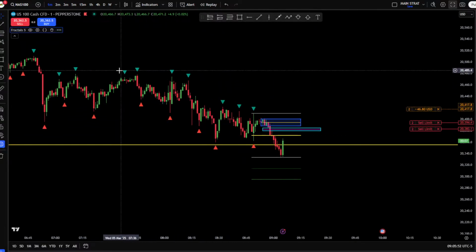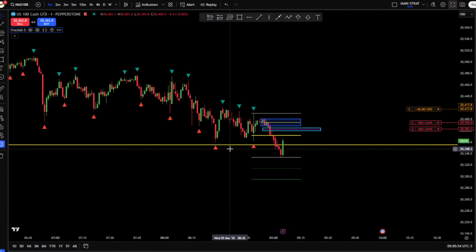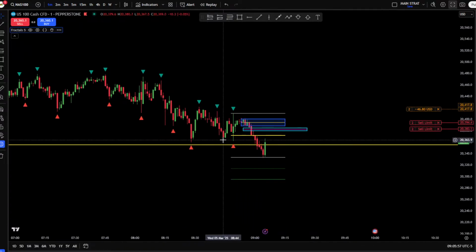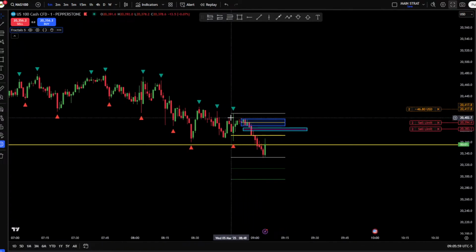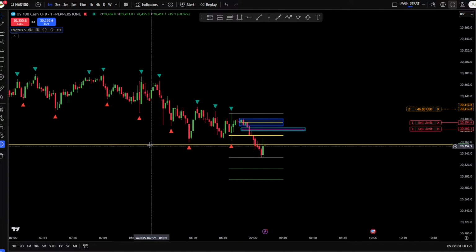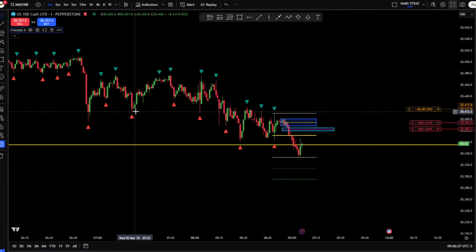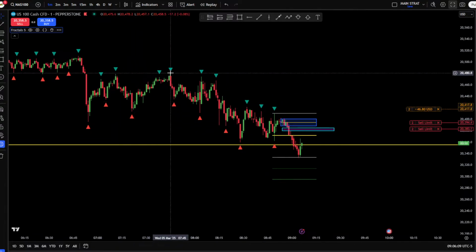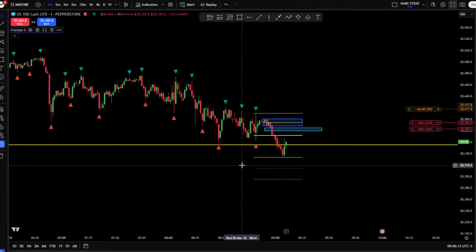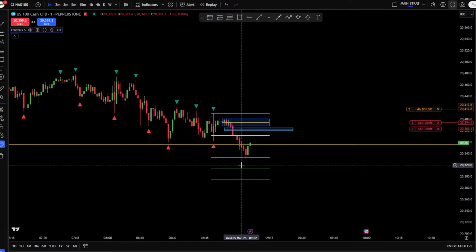So it gives me less noise as far as swing highs and swing lows. Whereas the other one, this would have been a swing low, that would have been a swing high, like all these. This eliminates some noise and mainly focuses on the main swings, at least for that time frame.